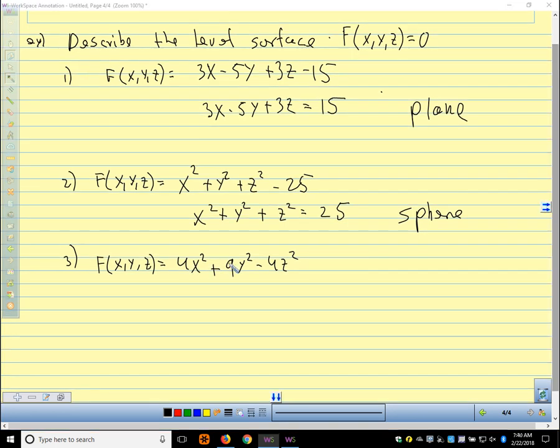So we're saying that 4x squared plus 9y squared minus 4z squared equals 0. So 4x squared plus 9y squared equals 4z squared. That's a cone. And it's going to be elliptical.